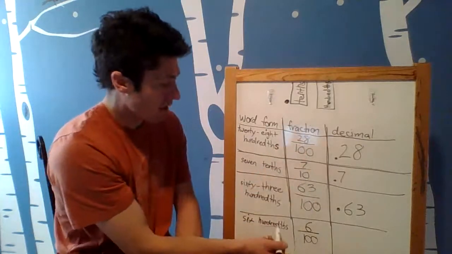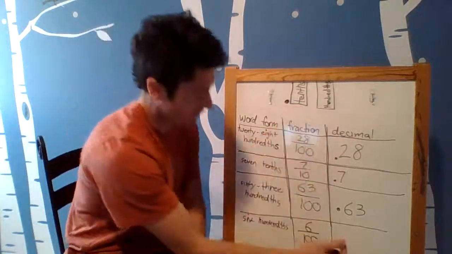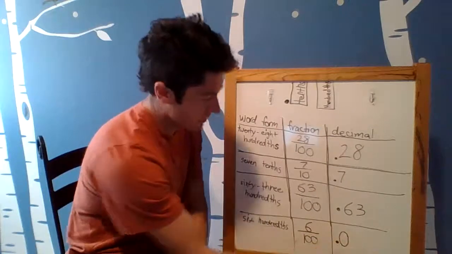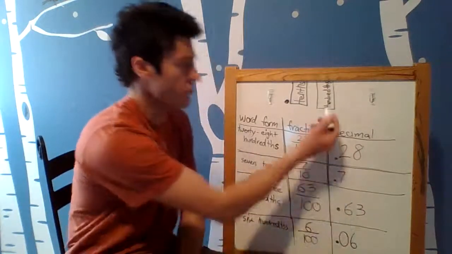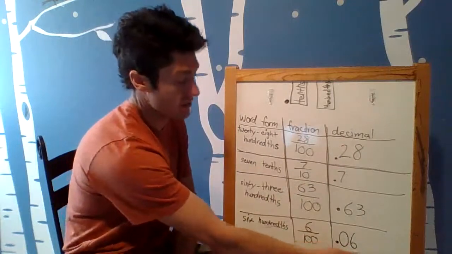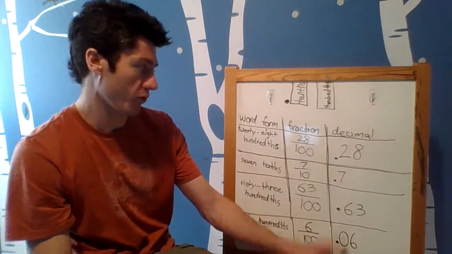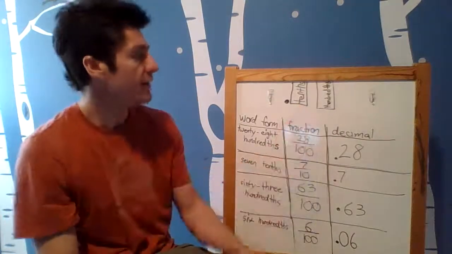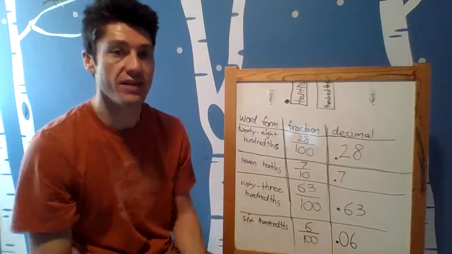So for 6 hundredths, I have my decimal point. I don't have any tenths, but I do have 6 in the hundredths place. So 0.06. We do need a place value holder in the tenths, and then just list the 6 in the hundredths.